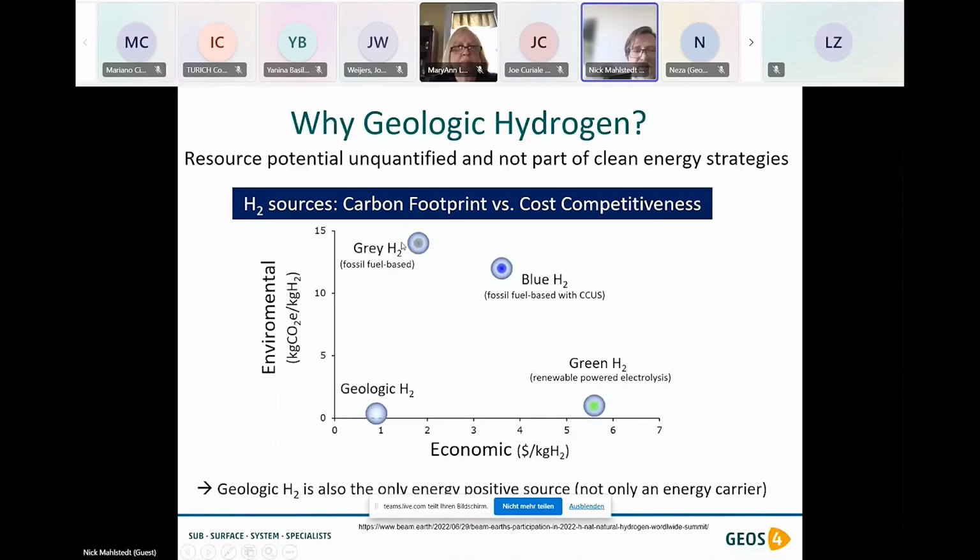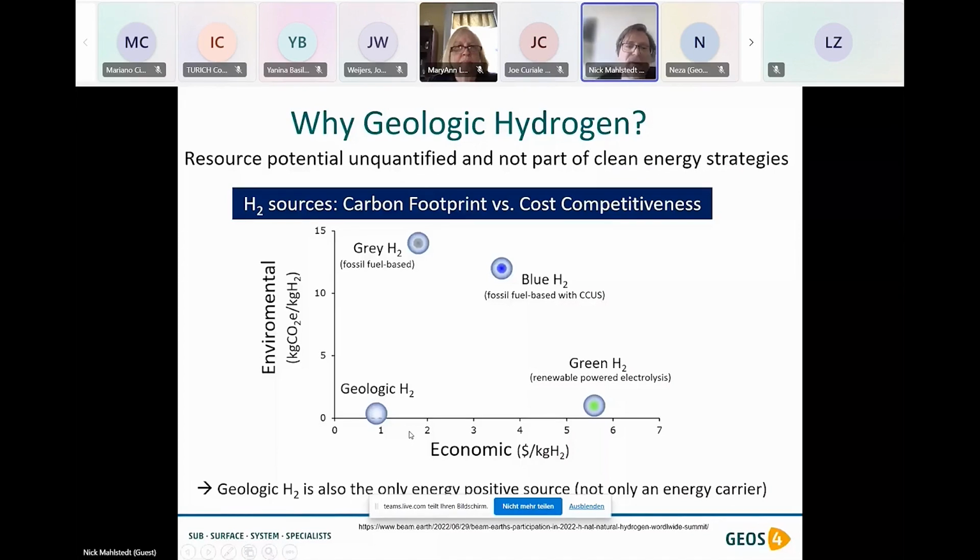Gray hydrogen is formed from steam reforming using hydrocarbon gas and hot water, thereby freeing large amounts of carbon dioxide, which causes a big environmental impact, of course, at admittedly relatively low economic cost. Blue hydrogen, which is basically gray hydrogen but with carbon capture and storage technology, has a similarly bad carbon impact at higher costs. Europe's strategies focus mainly on green hydrogen, which is produced by renewable powered electrolyzers, but presently is the most expensive option.